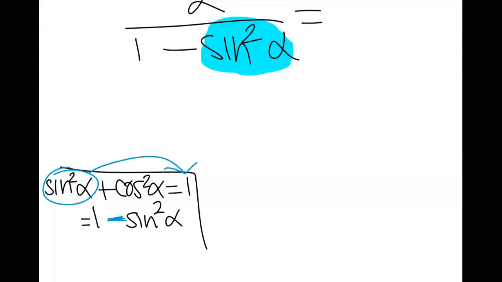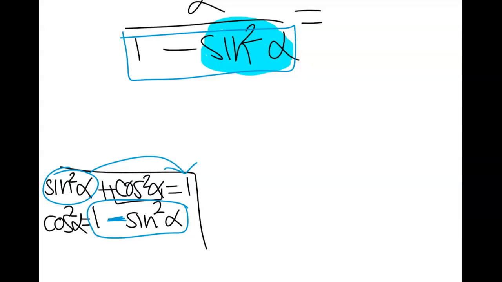And on the right side, we still have 1, so we get 1 minus sine square alpha equals cosine square of the angle alpha.